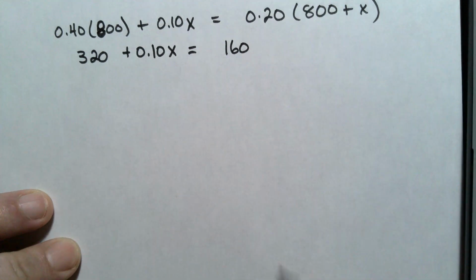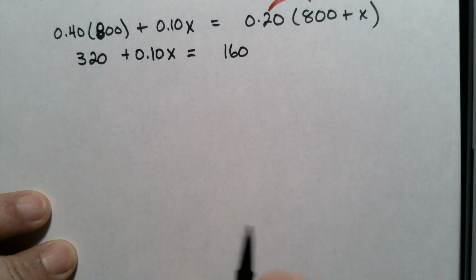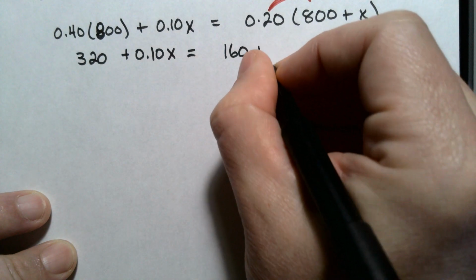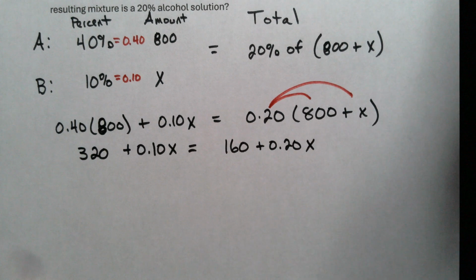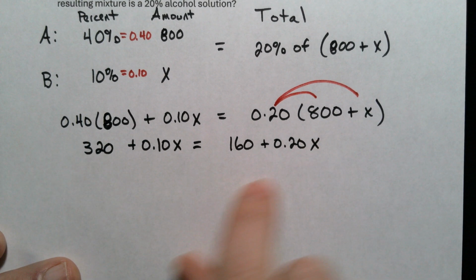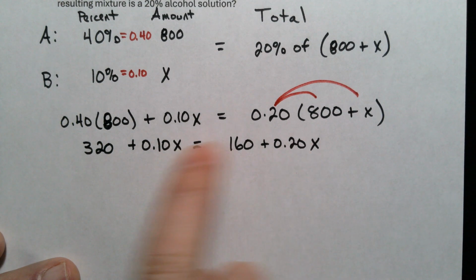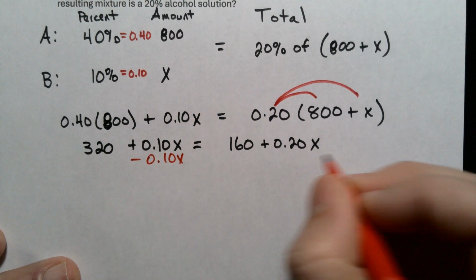And then also distribute. We're distributing to both of these. Okay, so 0.20x. Okay. So now that we have that, let's pick a side for x. Since this one's the bigger, I'm going to move this over to that right side. So I'll subtract 0.10x from both sides.